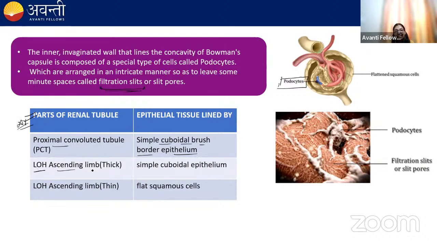Loop of Henle, ascending limb, thick, simple cuboidal epithelium. Loop of Henle, ascending limb, thin, squamous cells. Please remember the lining. These are very important. Sometimes you might get a match-the-following question, where they give you the parts of the renal tubule on one side and their epithelial tissue in the second column, and ask which one is the correct option.